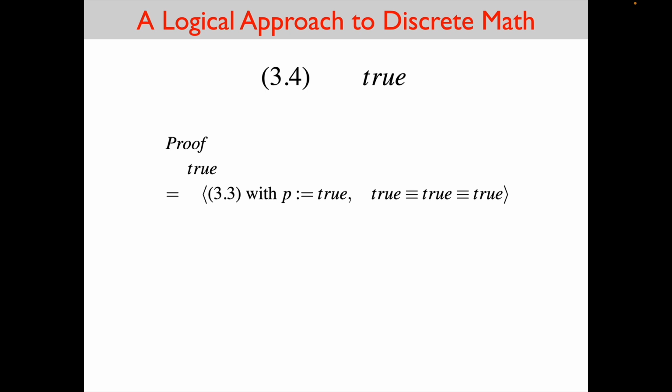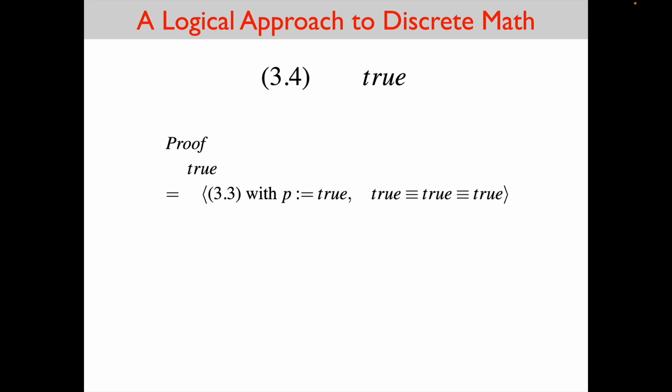Inference rule substitution, inference rule Leibniz, inference rule equanimity, and inference rule transitivity. Okay, so do you see that inside this hint we use 3.3 with P replaced by true? Now what inference rule are we using to say 3.3 with P replaced by true? We are using inference rule substitution.